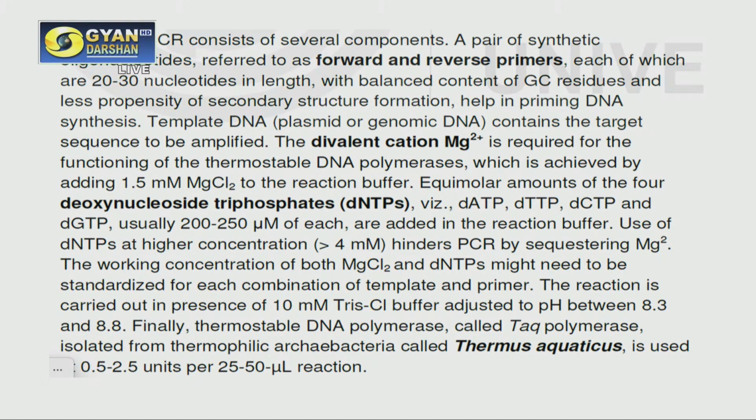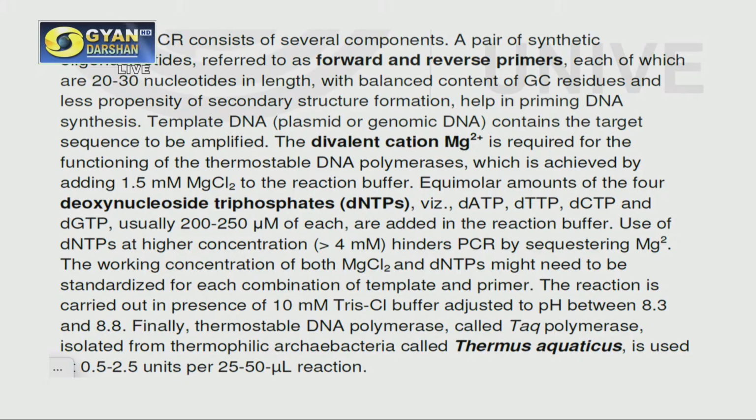From the 5' end to 3' end, the primer that you are designing is the forward primer, and from the 3' end to 5' end, the primer which you are designing is the reverse primer. So you have to check the sequence of the gene, and accordingly you have to prepare the forward primer and the reverse primer. This is the first step.